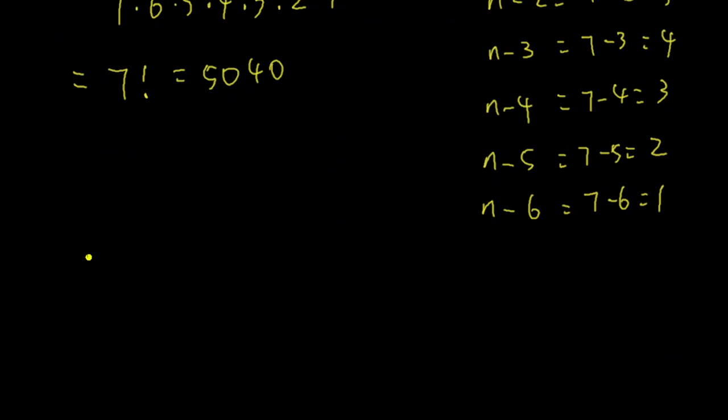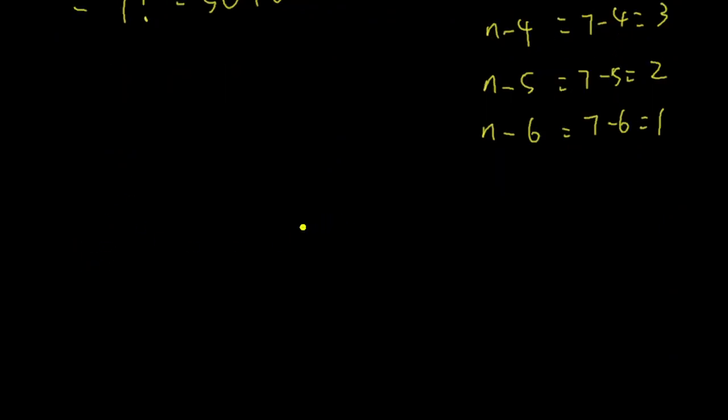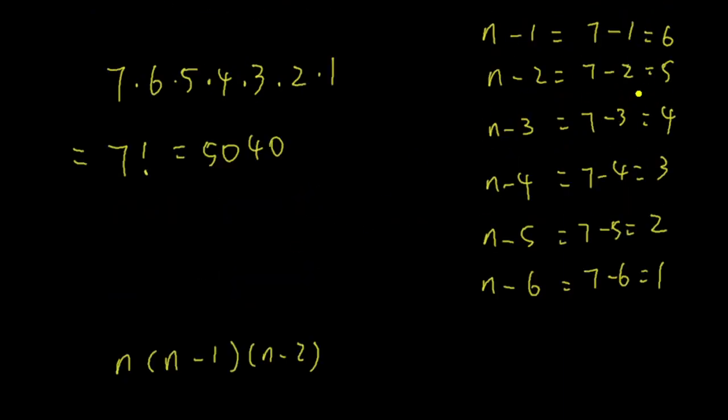So I can also write this, if 7 is n, as n times n minus 1 times n minus 2, times n minus 3 times n minus 4 times n minus 5 times n minus 6.